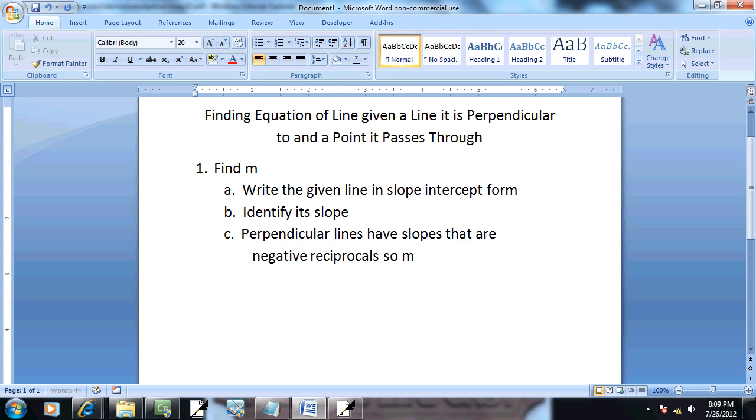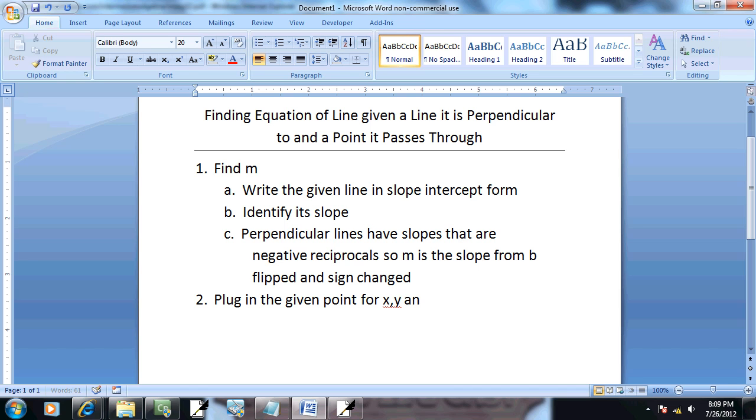So m is the slope from b flipped and sign changed. Step 2. Plug in the given point for x and y and the m from 1c into y equals mx plus b and solve for b. And step 3, write the answer.